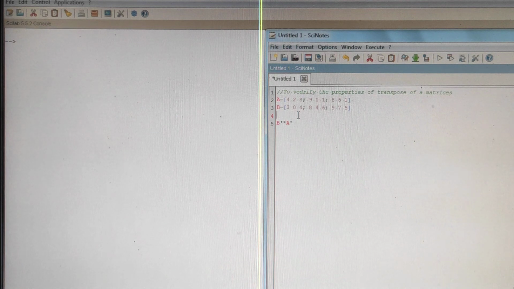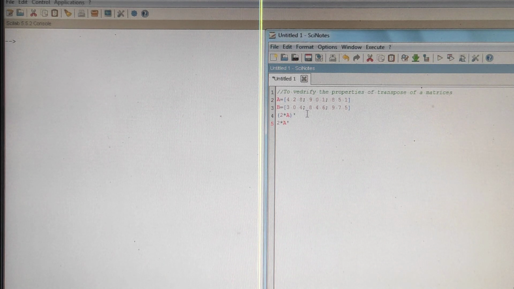That means 2 star A whole transpose must be equal to, according to the property, twice A transpose. 2 star A transpose, that means dash, must be equal to 2 A dash.